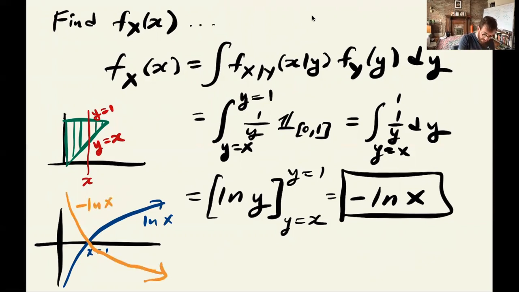And I'm conditioning, of course, on the fact that x has to be between 0 and 1. Now, we should be careful here because we already know that this function is not defined at x equals 0. And so we now know that this PDF, which stretches up to positive infinity, is going to be my PDF for x.